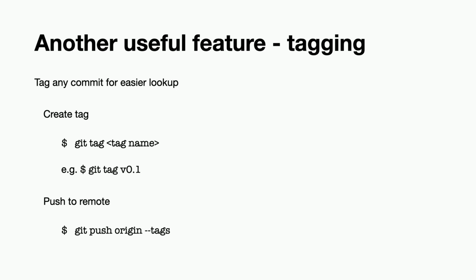You can use the git tag command, and you can choose any name you want. For example, git tag v0.1 or really any other name. And you should also push this to your server, which is the git push origin --tags command.